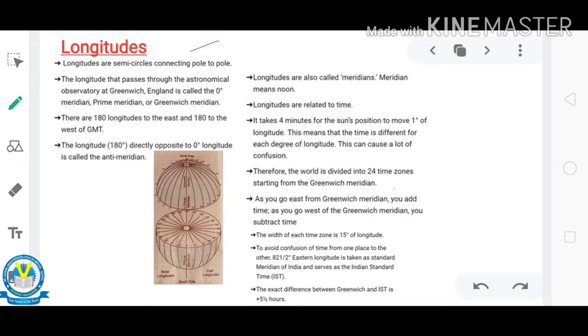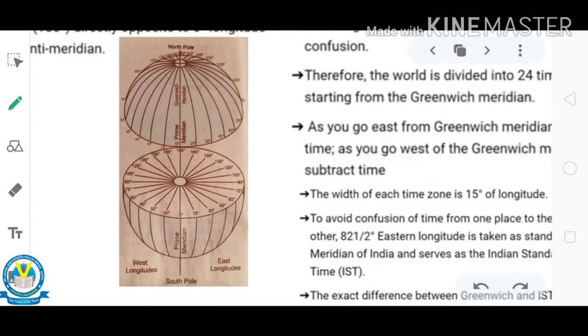Next, longitudes. The word comes from the Latin word longitudo, meaning length. Longitude shows us the length of maps. Longitudes are not full circles. Observe the diagram.